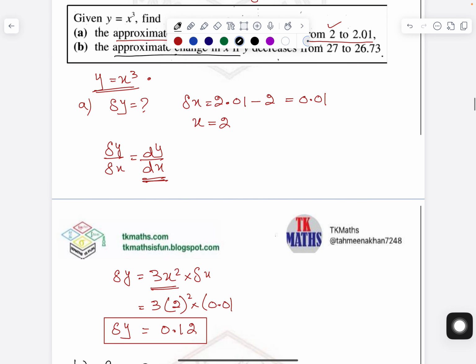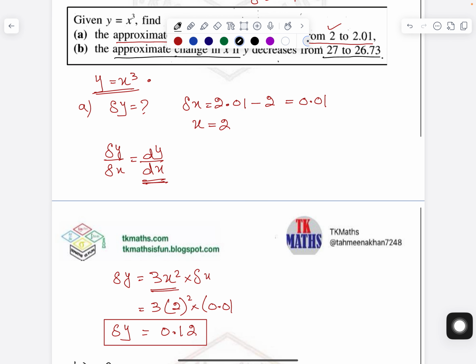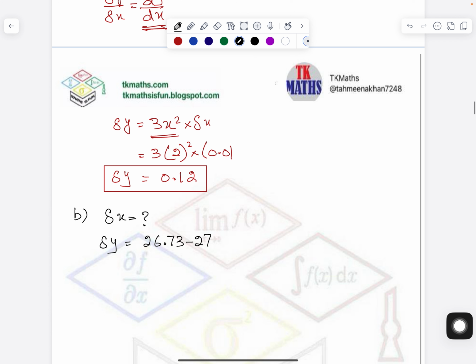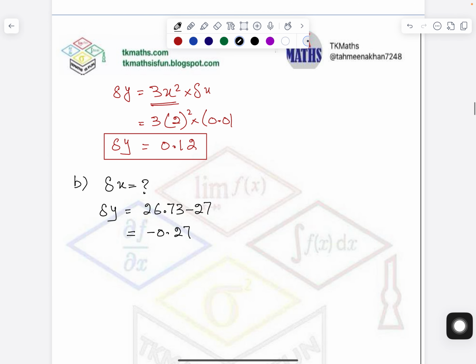We can see very clearly here the change is decreasing. It means my delta y will be negative when you subtract these values. So you will get minus 0.27. Okay. Now if I apply the formula, which is delta y over delta x is equal to dy over dx.